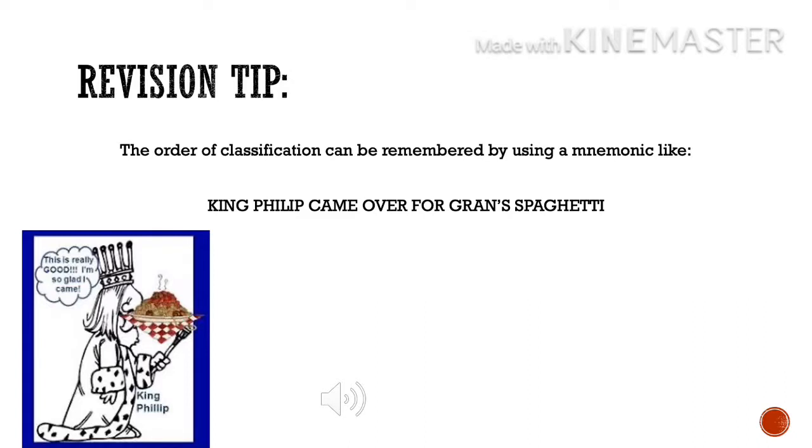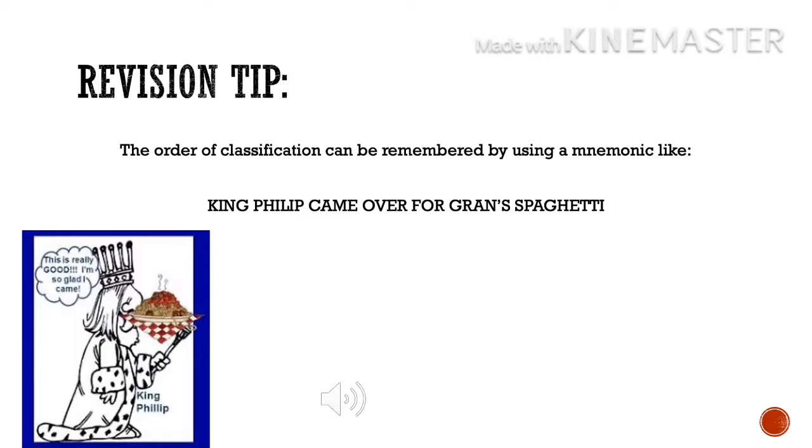The order of classification can be remembered by using a mnemonic like: King Philip came over for grand spaghetti. Again, King Philip came over for grand spaghetti.